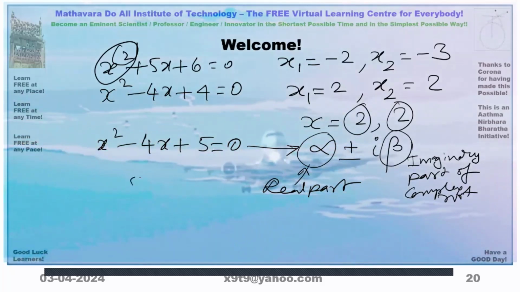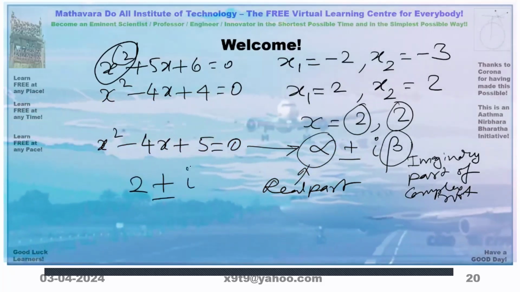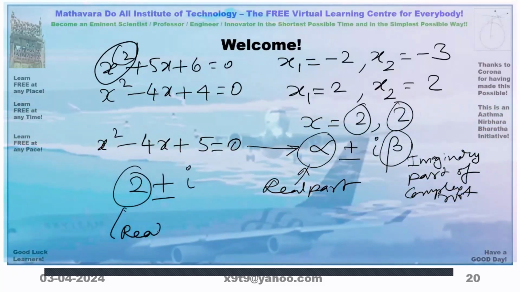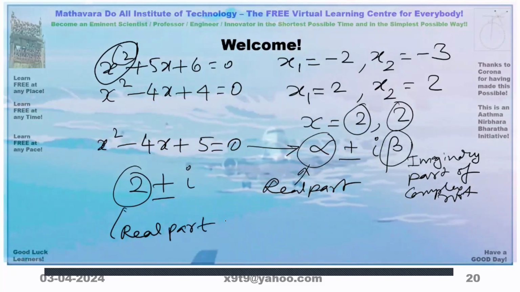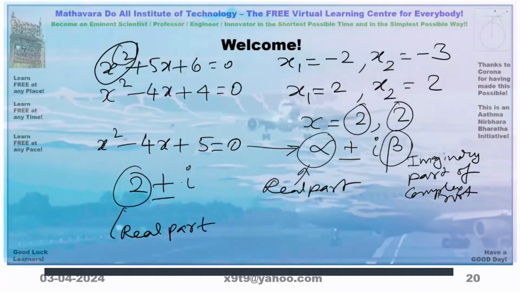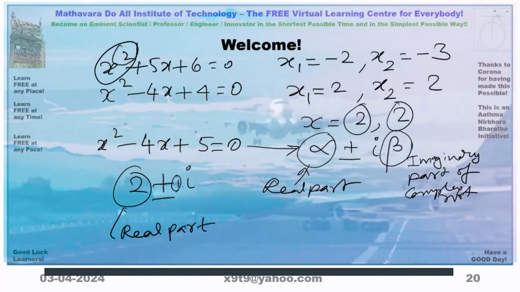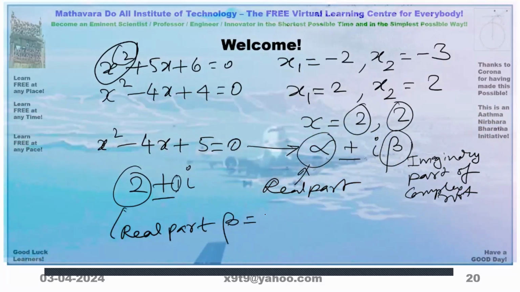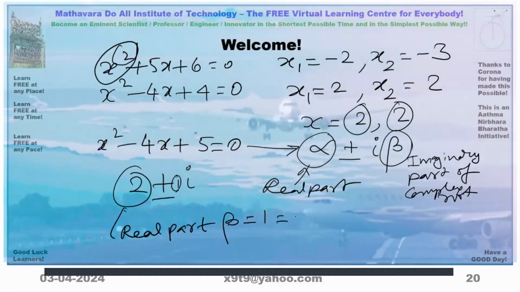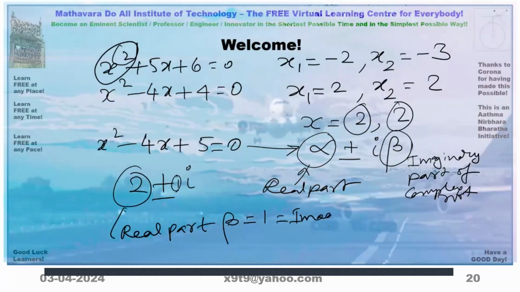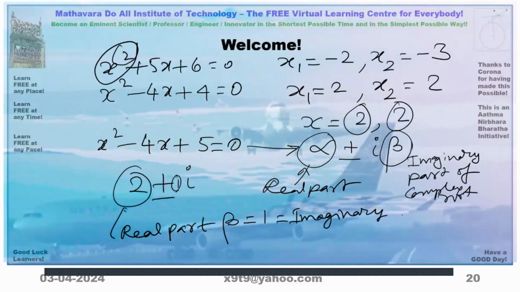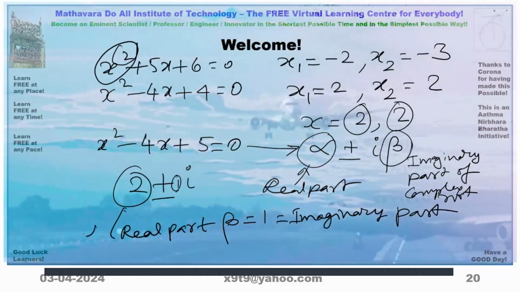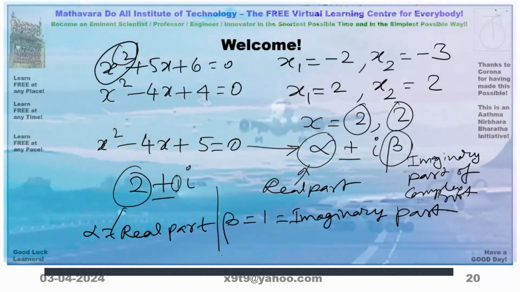So in this problem, we got 2 plus minus I. So 2 is the real part, and this coefficient of I is 1, whether you write here or here does not matter. So that is our beta. So beta is equal to 1 here. This is called the imaginary part. Alpha is called the real part.